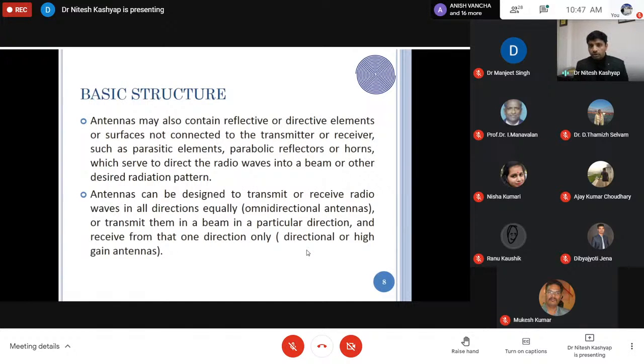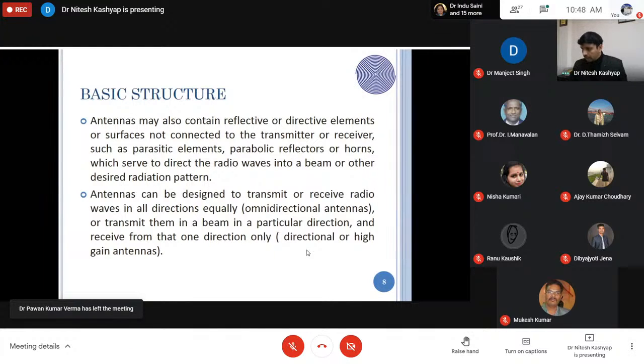The basic structure of the antenna contains a metallic structure, that may be a parabolic reflector, horn, and parasitic elements.